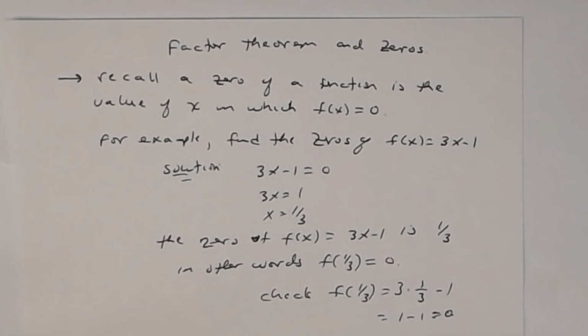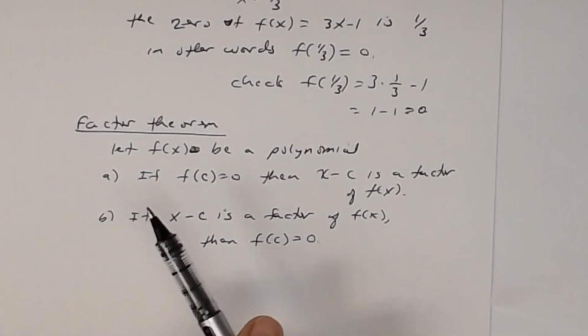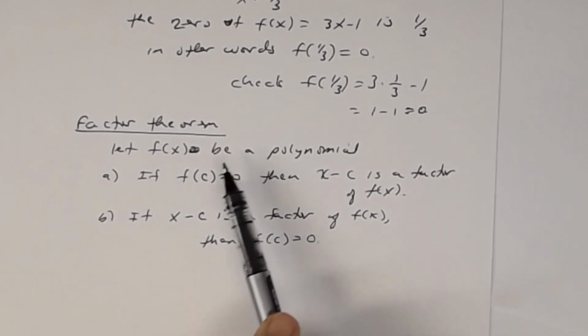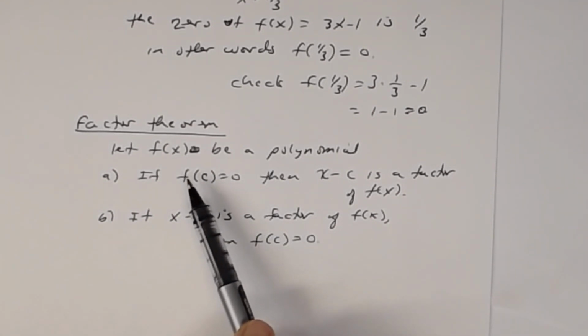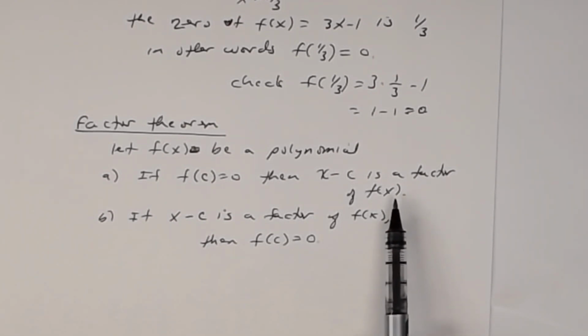Now, the question is, how is that related to the factor theorem? Well, let's remind ourselves about the factor theorem. Remember the factor theorem in the previous lesson: if we have a polynomial and we see that f of c is equal to 0, then x minus c is a factor.